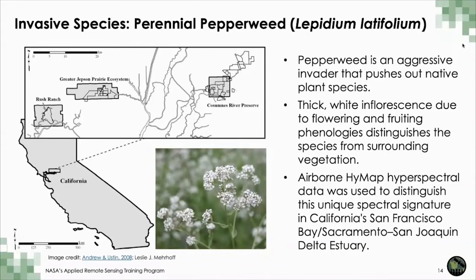HIMAP is an airborne imaging spectrometer that samples the wavelengths of 450 to 2500 nanometers with 128 bands at 15 to 20 nanometers apart. This was commercially produced by the HyVista Corporation, so I don't believe these data are freely available, but it gives you an example of the use of these types of hyperspectral systems.